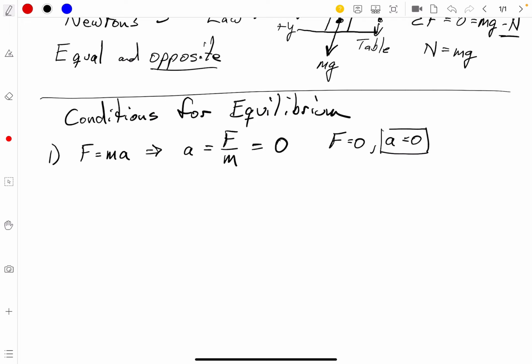This is the more important one. And this, of course, is your net force, right? Because it could be a whole bunch of forces applied. Those forces aren't 0, but the net force is. But a equals 0, that's the key. And if a equals 0, then since a is delta v over delta t, delta v must equal 0 as well. Well, delta v, we all know, is v final minus v initial.